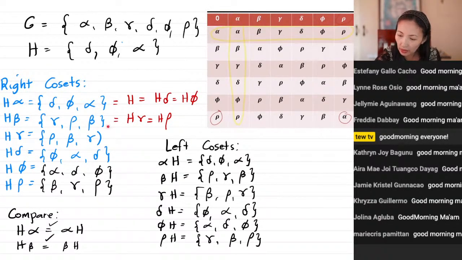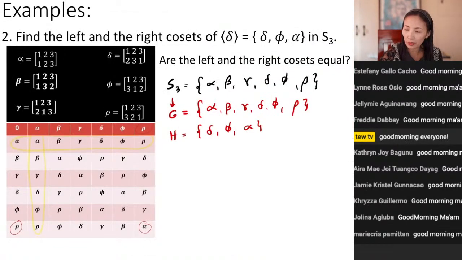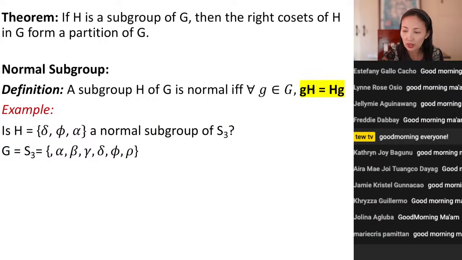Look at the first two, they make up the group G: delta, phi, alpha, gamma, rho, and beta. If we take the union of the two, that gives G. That has to do with the theorem: if H is a subgroup of G, then the right cosets of H in G form a partition of G.